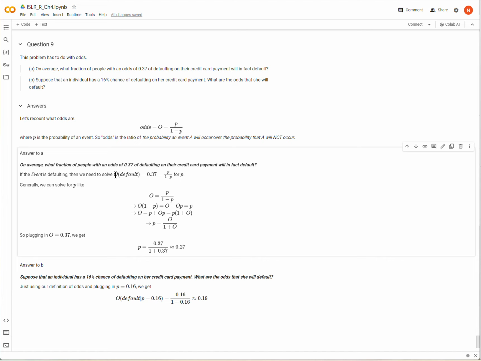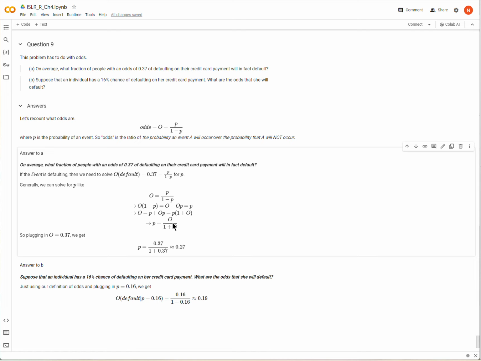So we are given here the odds, right? The odds are 0.37, and we know the formula for odds, and so we just need to solve for P. Generally, the way that we can solve for P is you can just go through these few steps here, and we get a generic expression for finding probability P of an event given the odds.